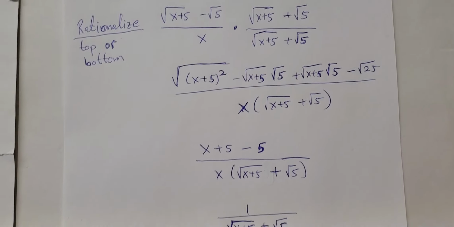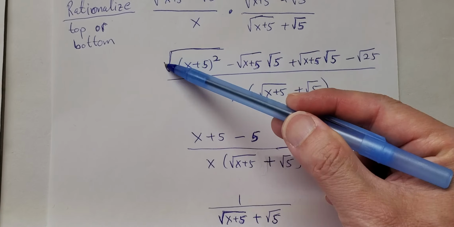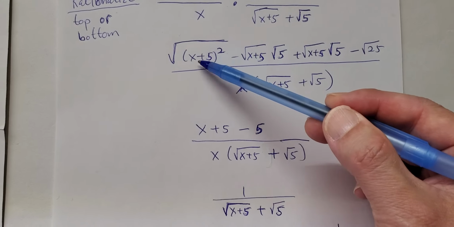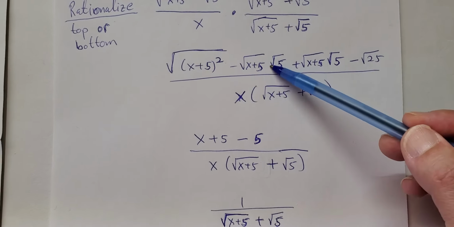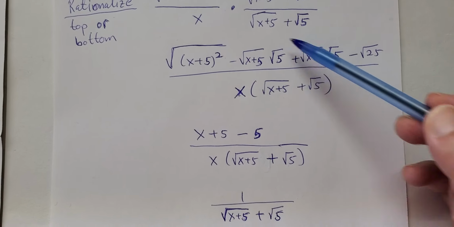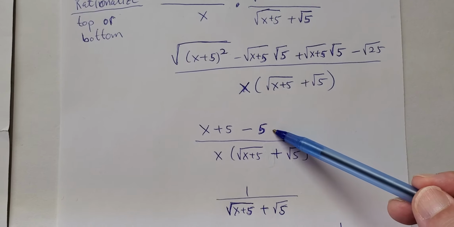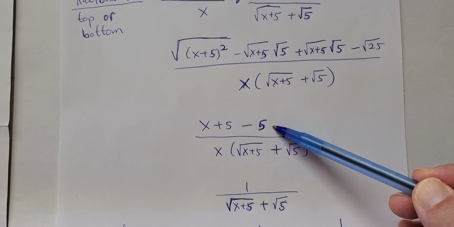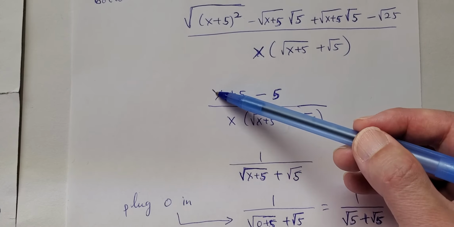Now cancel things out. As you can see, the square root and the square cancel out. I just have x plus 5, which is here. This right here is minus, this right here is plus, so they cancel out. Square root of 25 will be here with the minus. And then the 5 and 5 cancel out.